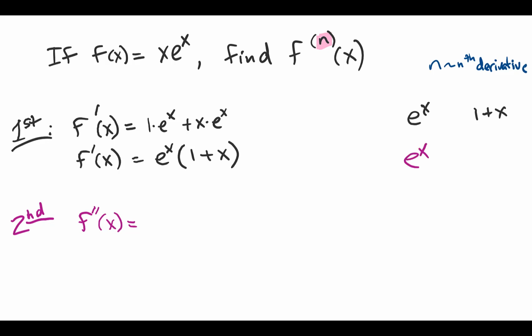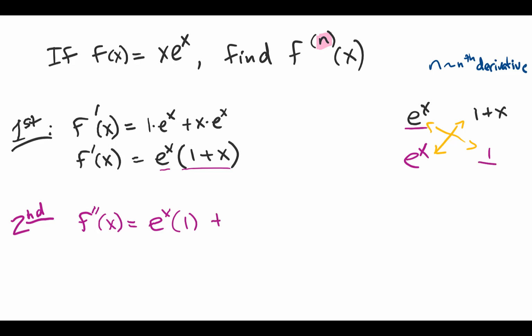Derivative of e to the x, e to the x, derivative of 1 plus x is 1. This is a little shortcut thing. But let's go back to our problem. So let's leave e to the x alone. And let's multiply by the derivative of the back end this time first. What's the derivative of 1 plus x? 1.